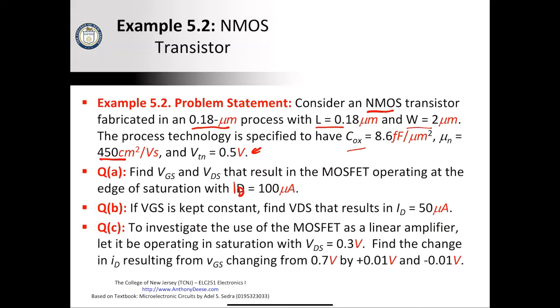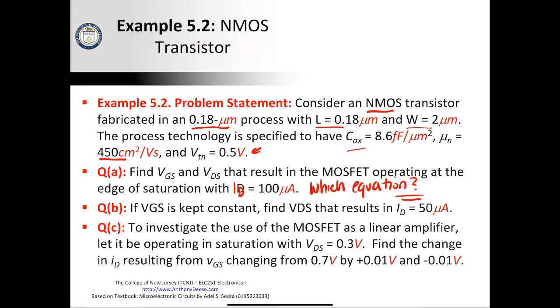So the first question I want to ask is really a question we are going to ask over and over. Which equation do we use for any problem that we're taking a look at? We have several different equations. We have the linear region, we have the nonlinear triode region, we have the saturation region.